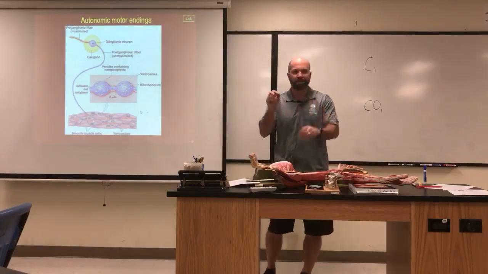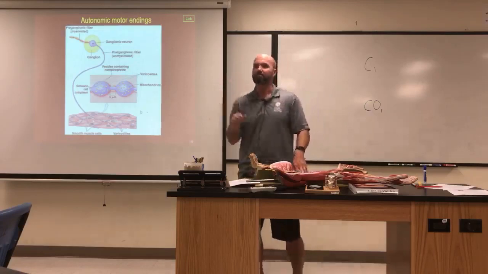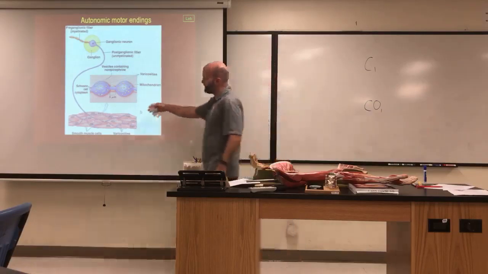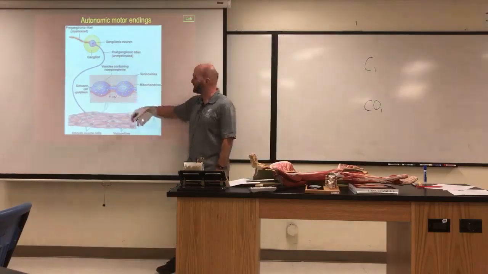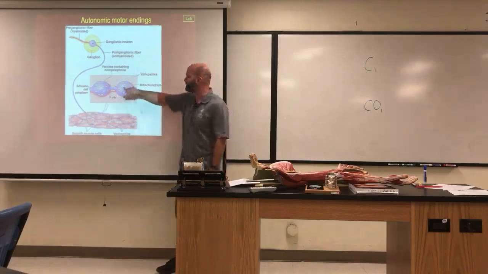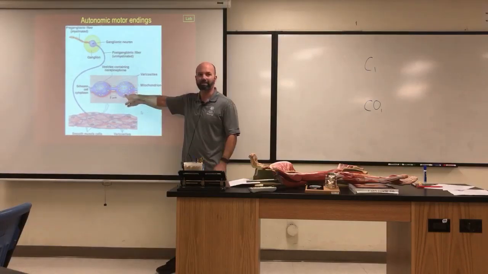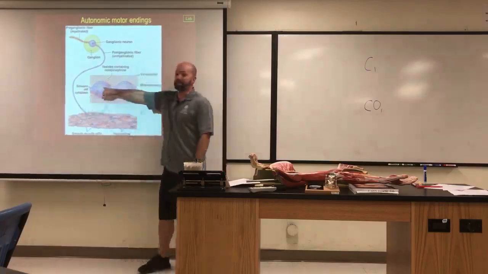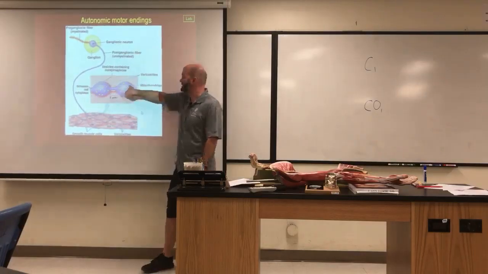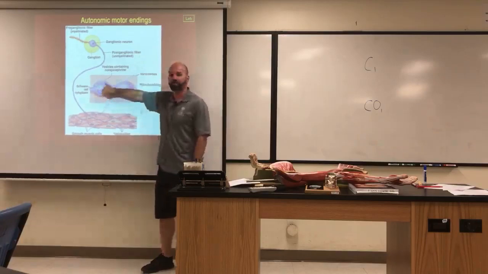So we don't have to be as precise. We don't have to be careful to make sure we only stimulate these muscle cells and not those ones over there. So rather than neuromuscular junctions, we have these swellings along the branches of the axon called varicosities. So there is no axon terminal here. Really, each one of these is the equivalent of an axon terminal because this is where the neurotransmitter is released.